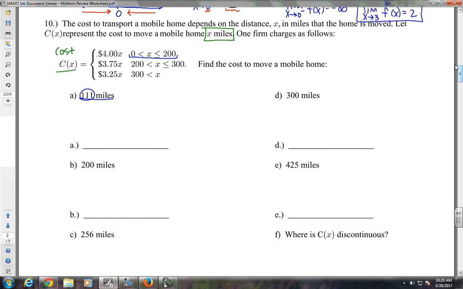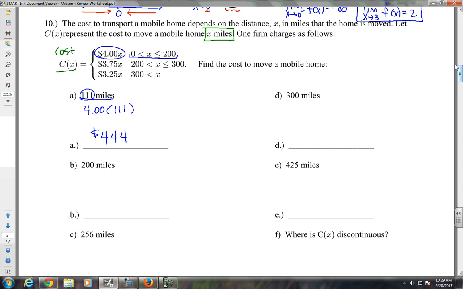So I'm going to be using this line to calculate the cost. We multiply 4 times 111. That one I think I can do mentally. This gives us $444.